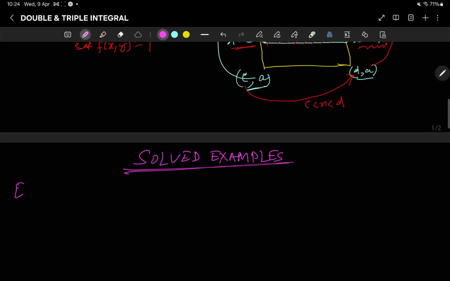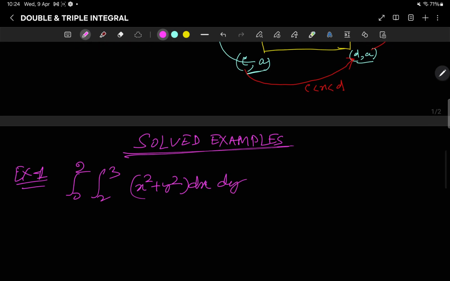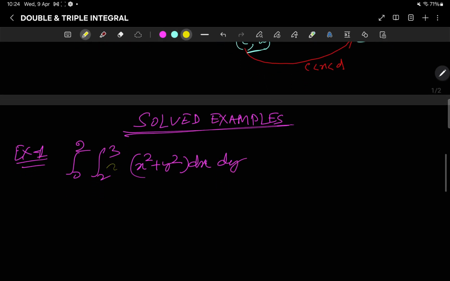Suppose you are asked one example: evaluate the integral 0 to 2, integral 2 to 3, (x square plus y square) dx dy. So as the usual process of successive evaluation, here we treat y as constant.